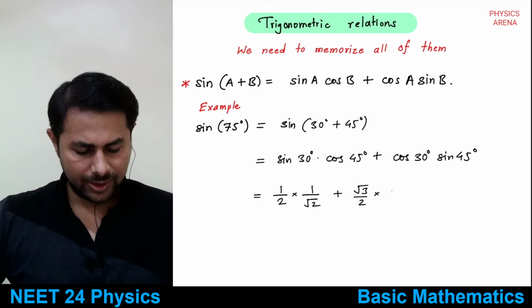After that, the trigonometric ratios of positive and negative angles, the relation between them. This you must remember. Sine of minus theta is minus sine theta. How?